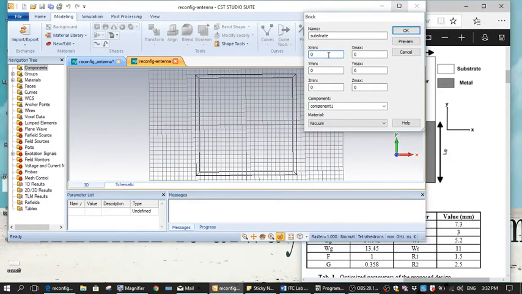So we will give it W along the X, so it will take the dimensions from minus W by 2 to W by 2, and along Y it is going to take minus L by 2 to L by 2, and the thickness will be called thickness of substrate, so it's TS.